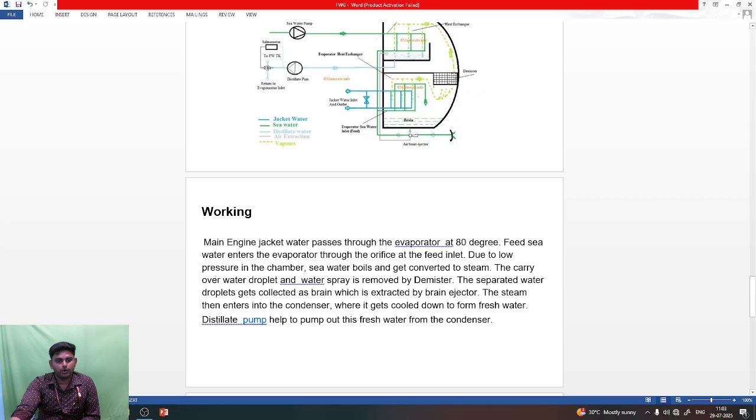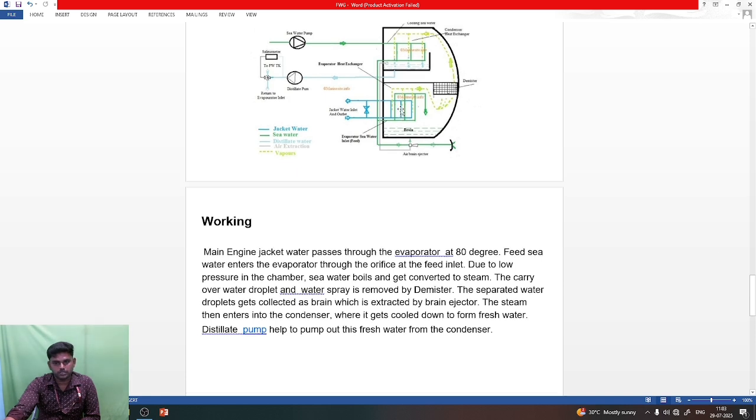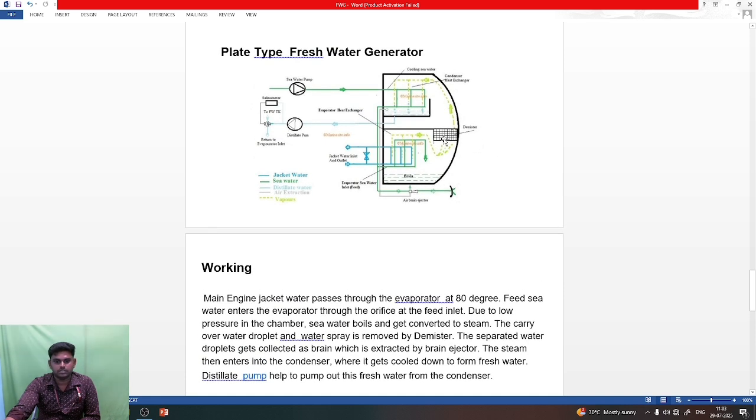The carried-over water droplets and water spray are removed by the demister, and the demister is here.